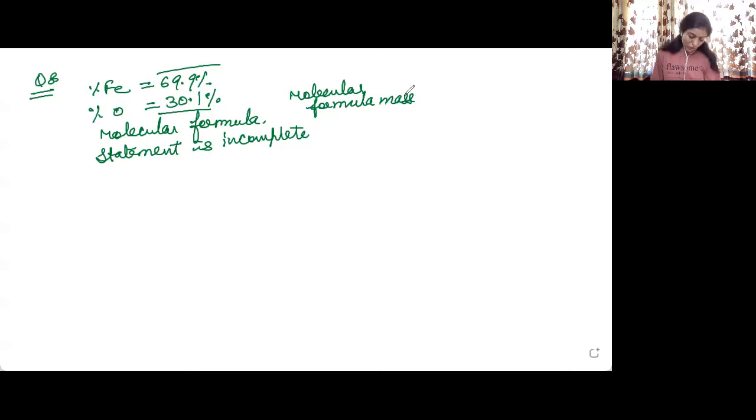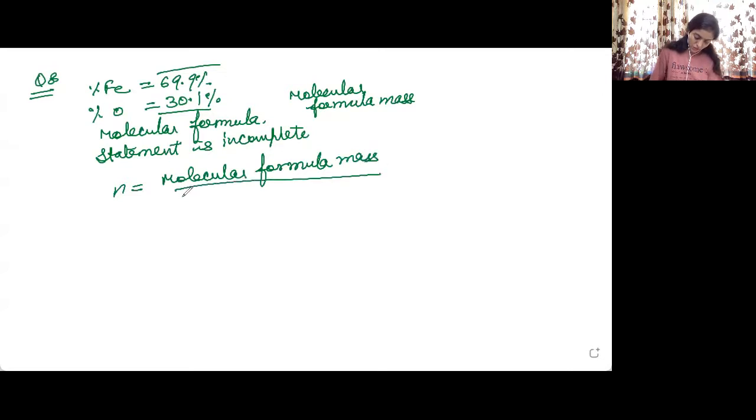But with this much information, it is not possible because we need to have the value of n here, and n is equal to molecular formula mass upon empirical formula mass. This is required. So this statement is incomplete. And the molecular formula is equal to n into empirical formula.